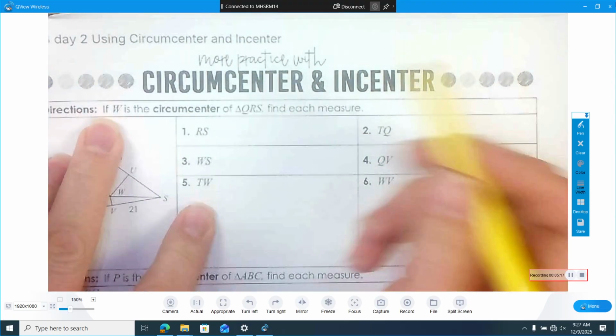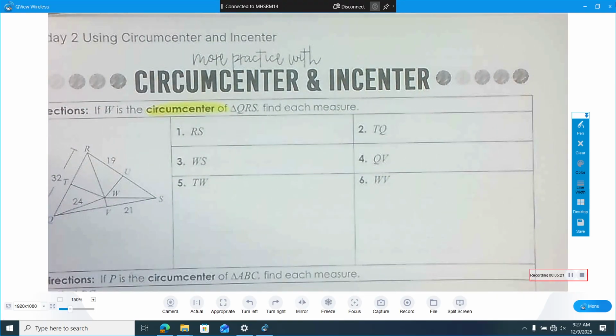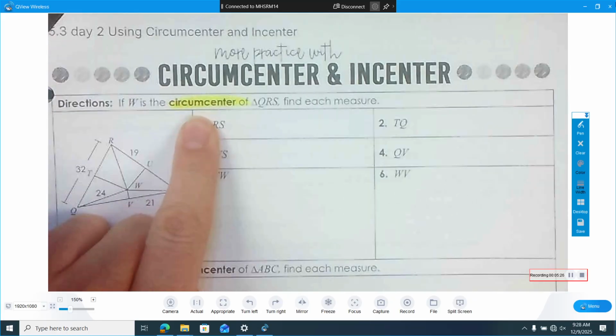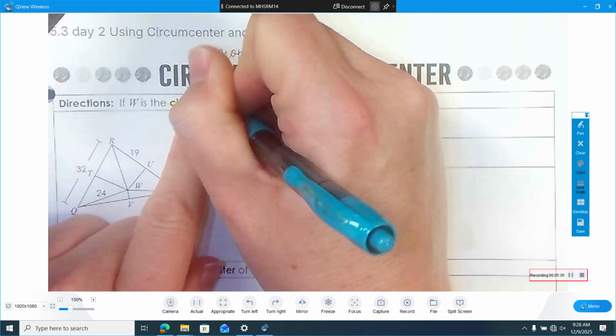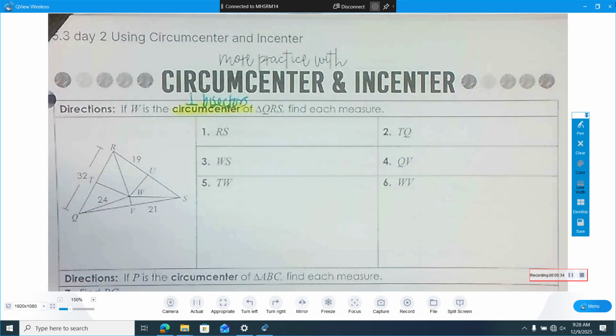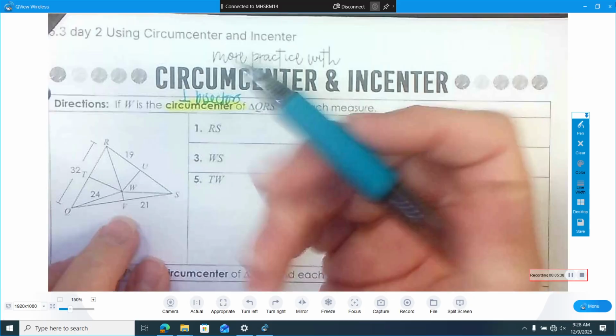We have W is the circumcenter of triangle QRS. What creates the circumcenter? Perpendicular bisectors, okay? I want to know that because I need to mark up my picture. So important here.